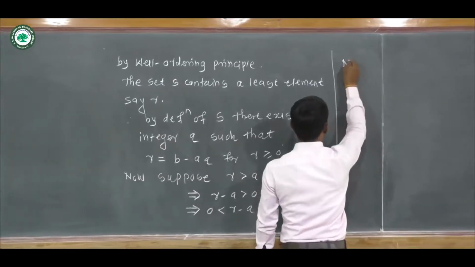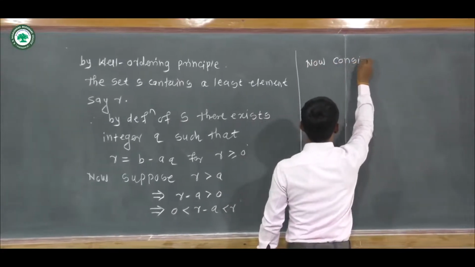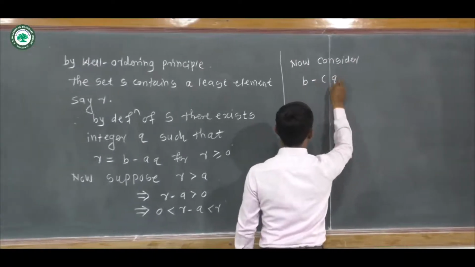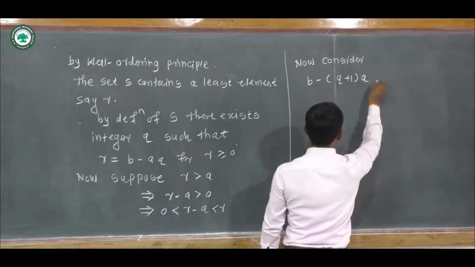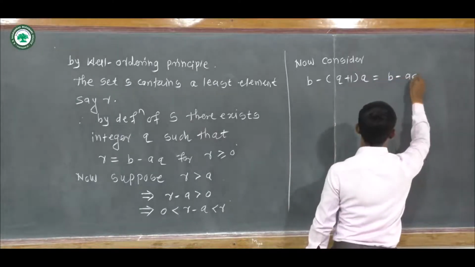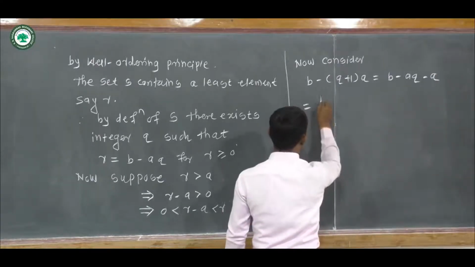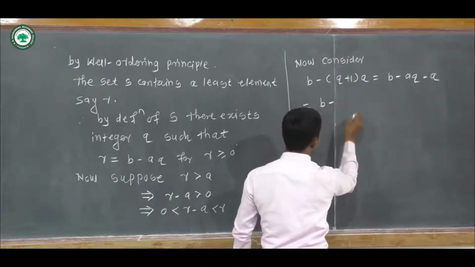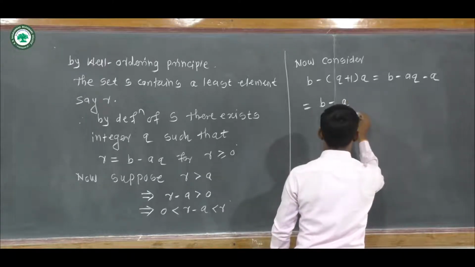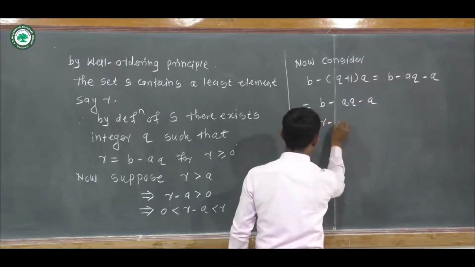Now consider b minus (q plus 1) times a, which is equal to b minus aq minus a, which is equal to r minus a.